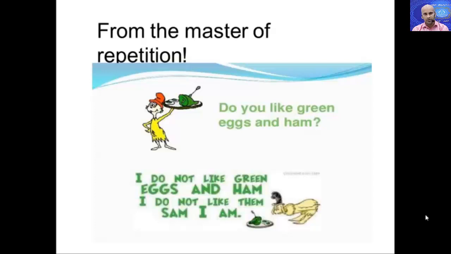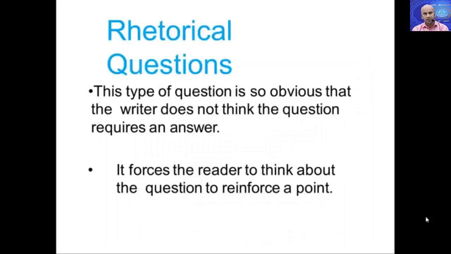Do you like green eggs and ham? I do not like green eggs and ham. I do not like them. So repeating I do not like is a technique of repetition which creates an effect.